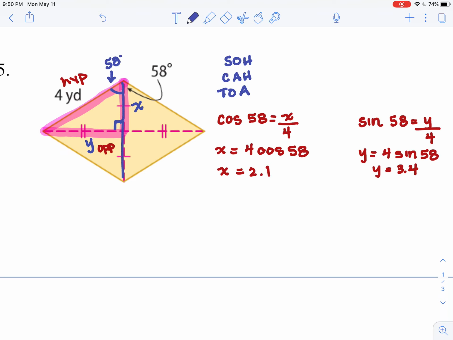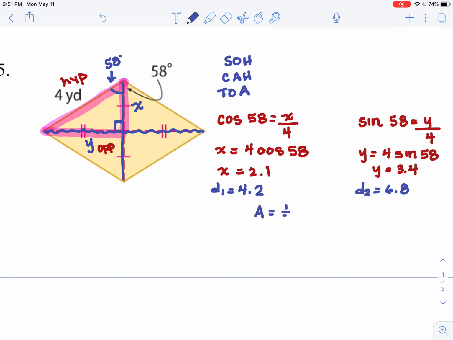So if X is 2.1, the vertical diagonal, this entire thing, is double that. So let's call it diagonal 1, and that will be 4.2. If Y is 3.4, half of the horizontal diagonal, then that entire diagonal, call it D2, is about 6.8.